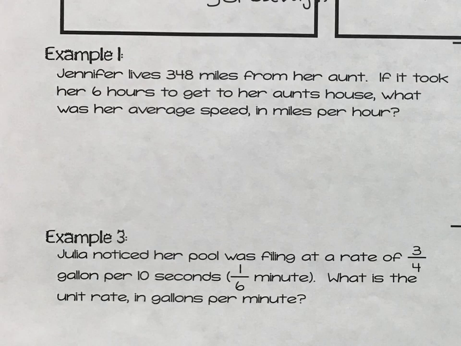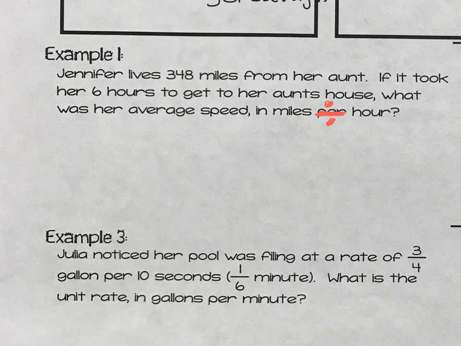Example 1 says Jennifer lives 348 miles from her aunt. If it took her 6 hours to get to her aunt's house, what was her average speed in miles per hour? So what are they asking us to find? They're asking us to find miles divided by, I'm going to just cross out per and turn it into a division symbol.